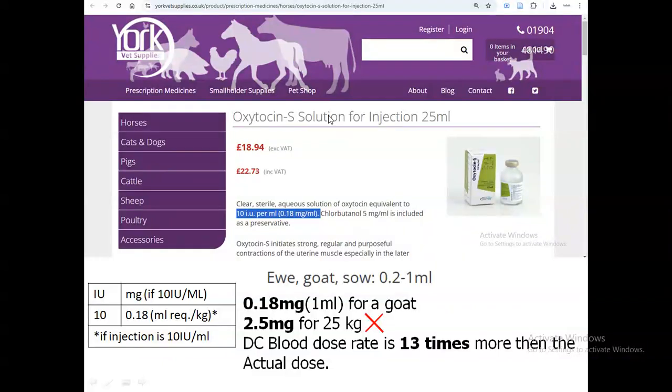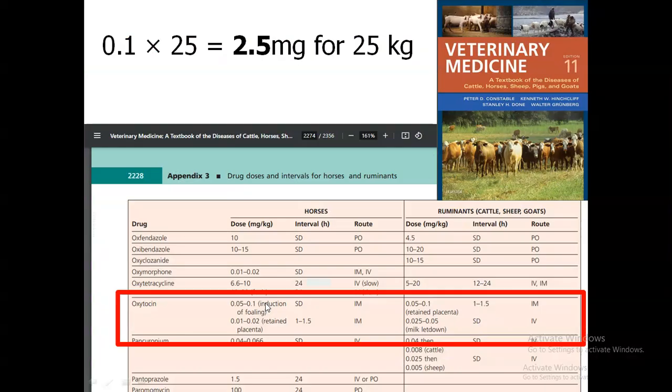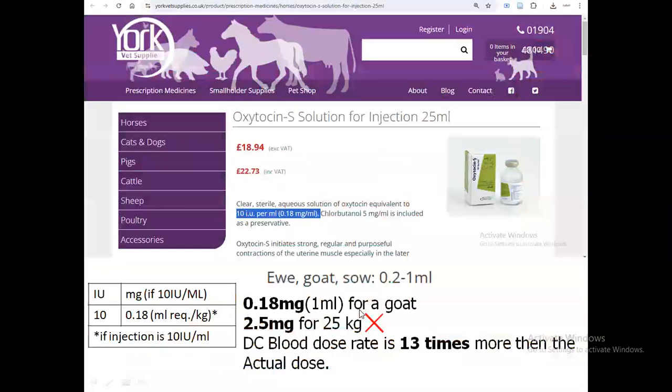If we multiply the 0.1 mg with 25, then it will be 2.5 mg for 25 kilograms of goat. But the authentic or the manufacturer recommendation is 0.18 mg.